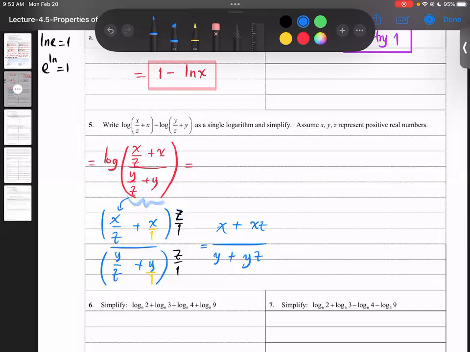You can factor out the x if you like, but it's not going to make any difference. We can leave it like that. So log of x plus xz divided by y plus yz. Remember, your goal is to combine into a single log. I want it to be one log at the end. Okay, so we're done. If you cannot cancel anymore, we're done.